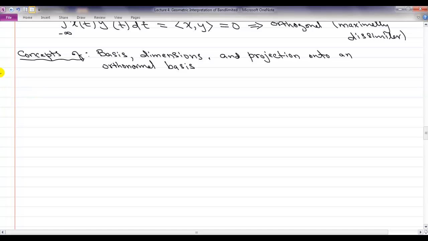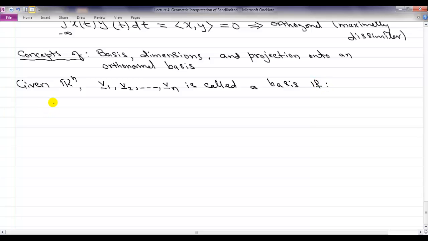But just to briefly remind you from your linear algebra, if we have an n-dimensional Euclidean space and I take n vectors in that, then that collection of vectors, we call them a basis if two things happen. Either one of those two things is equivalent to the other.